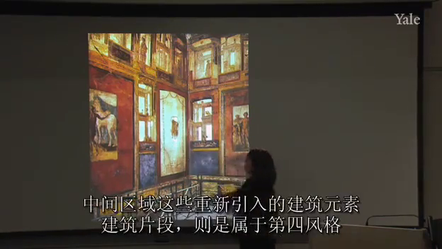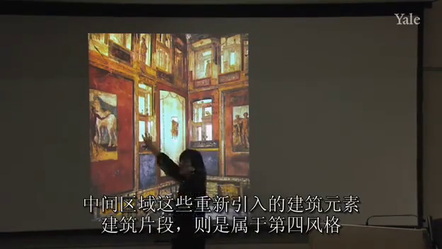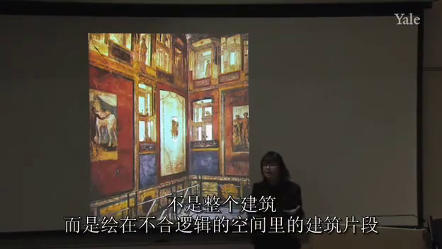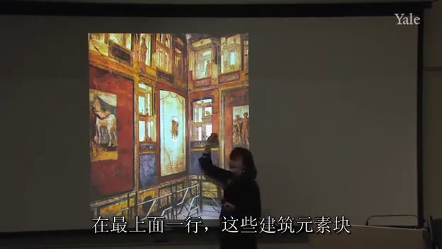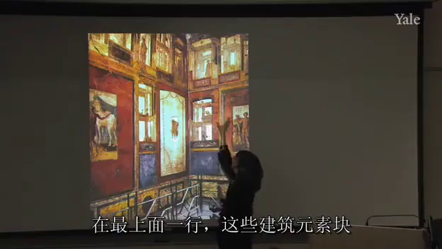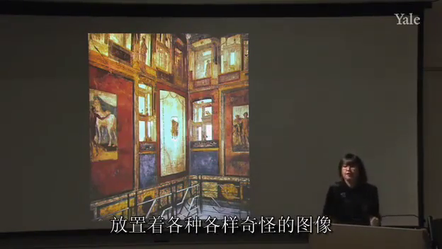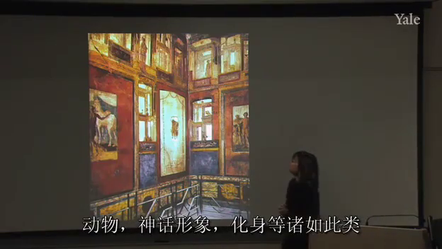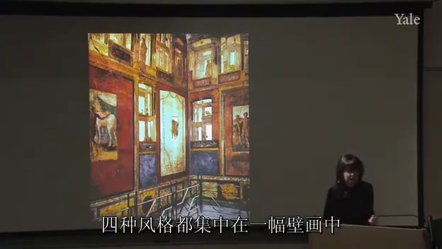And the fourth style: reintroduction of architecture in the central zone, fragments of architecture, not full buildings, depicted in illogical space, and then in the uppermost tier, these architectural cages peopled with all kinds of strange figures, animals, divinities, personifications, and the like. So all of those four styles are brought together in one place.